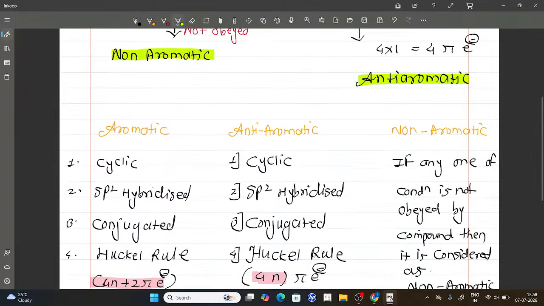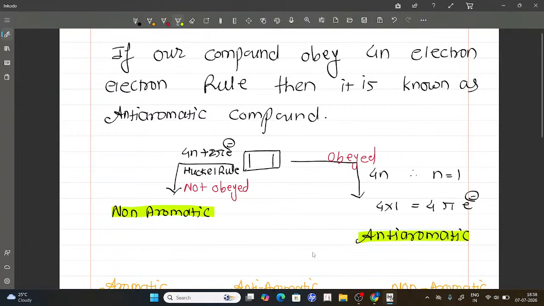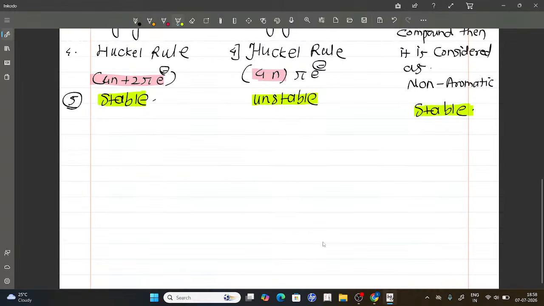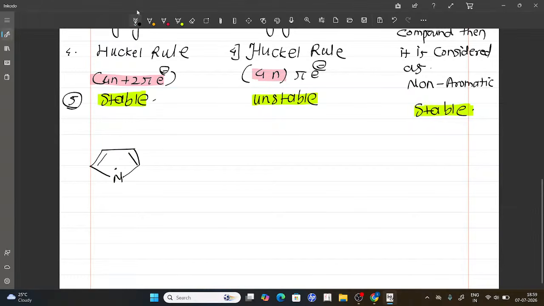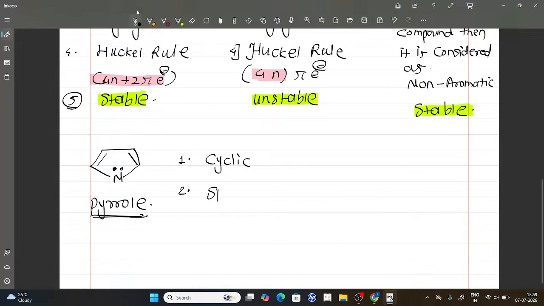Okay, so today we studied aromatic, anti-aromatic and non-aromatic compounds. I'm going to take some examples for aromaticity and non-aromaticity. If we take this example, the name of this compound is pyrrole. One by one, we go through the conditions. First condition: your compound is cyclic. Second condition: is your compound sp2 hybridized?